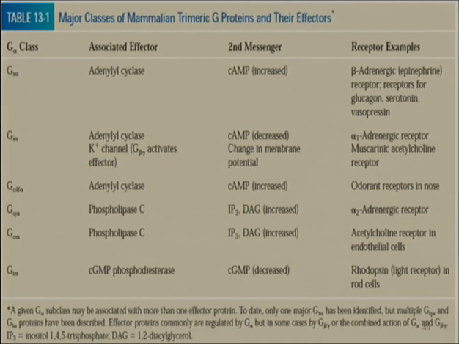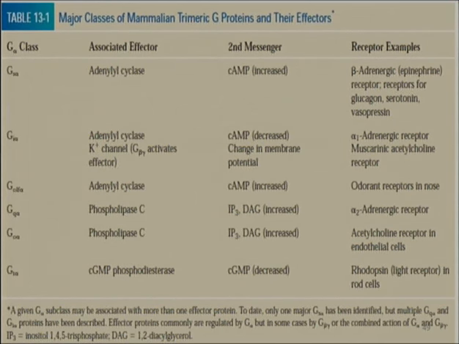In this particular table, which is taken from Molecular Biology of the Cell, we can see a variety of GPCRs and their effectors. The notable thing about the GPCR is that as far as their G protein is concerned, if that particular alpha subunit is Gs alpha, that means it is stimulatory alpha.